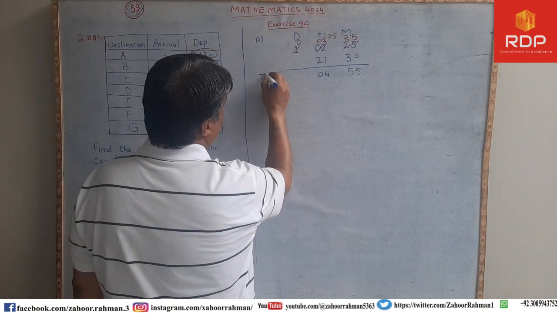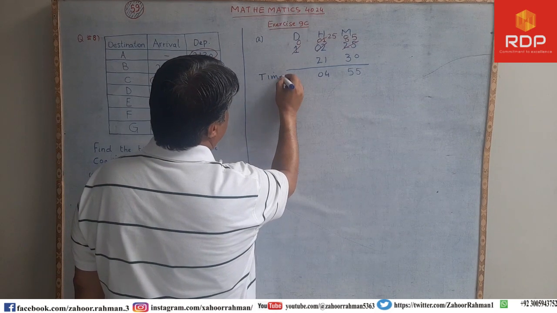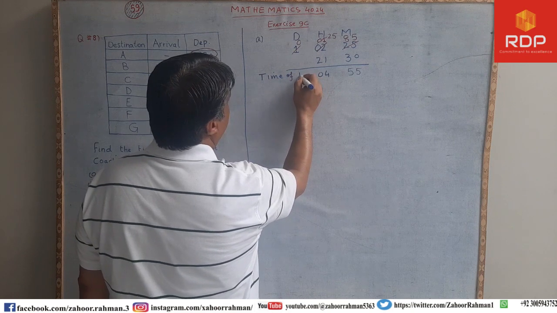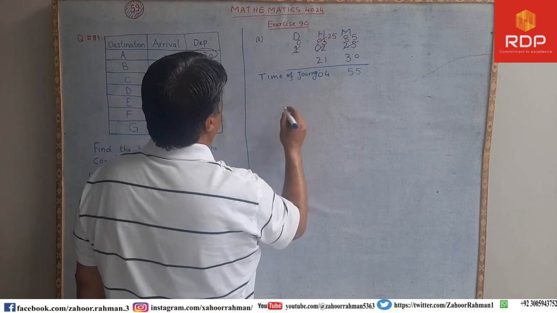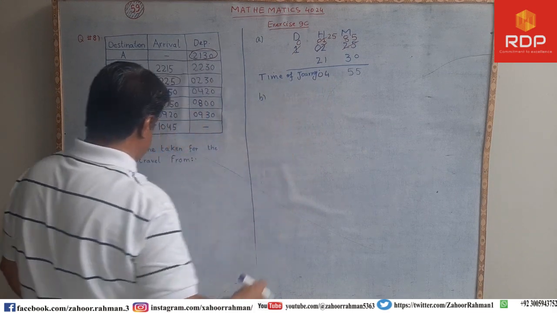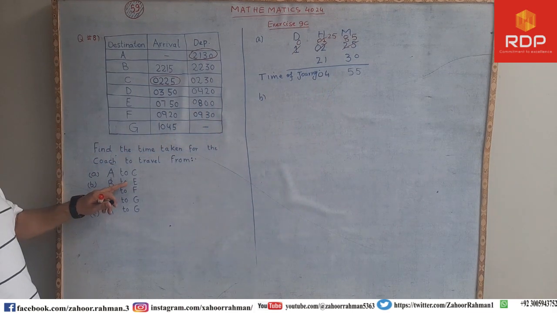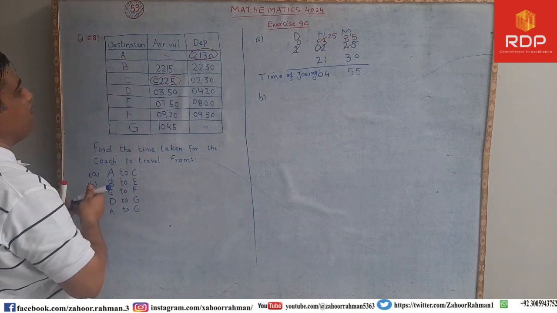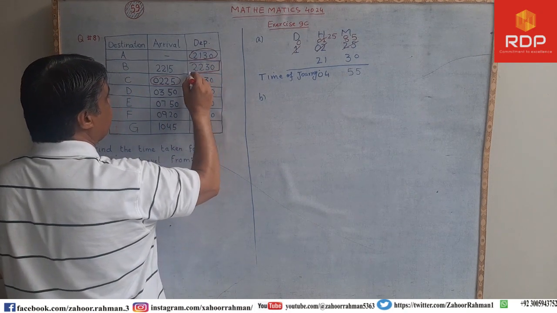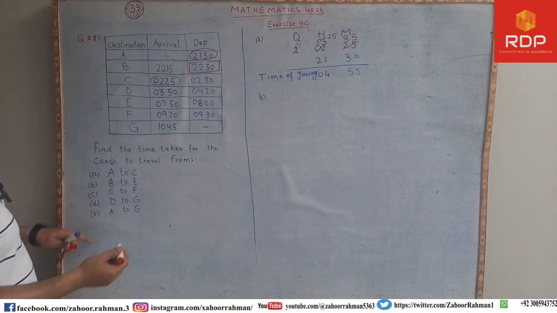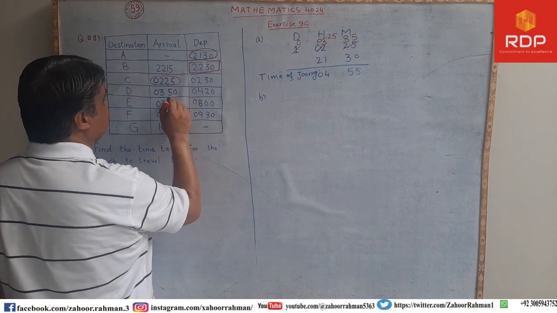You have to write this as time of journey. Okay, now part B, what are they saying? From B to E. Now B departure time is this one. And E arrival time is this one.